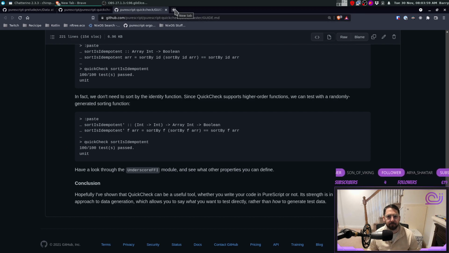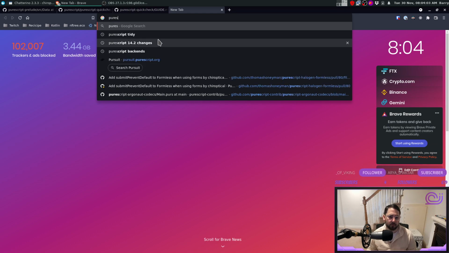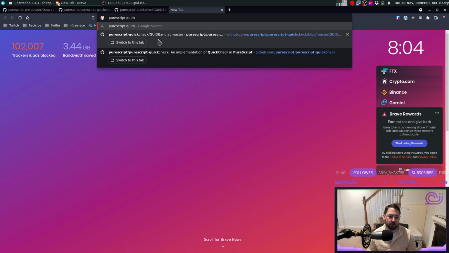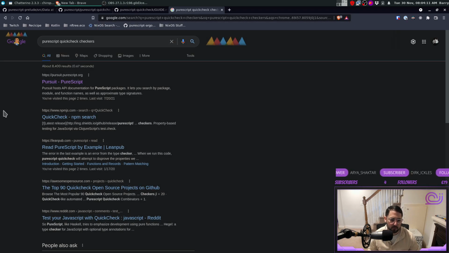PureScript QuickCheck checkers. That's what it's called, right?